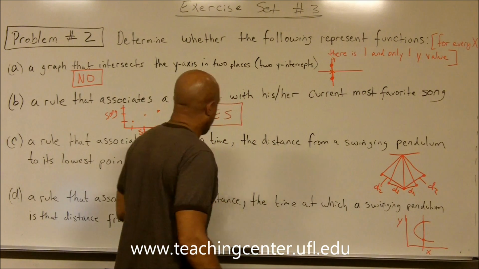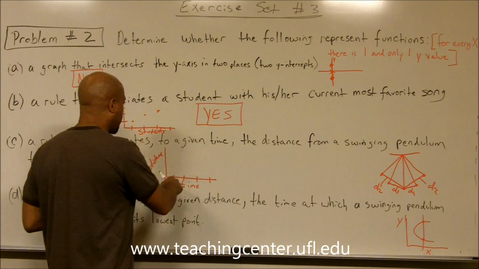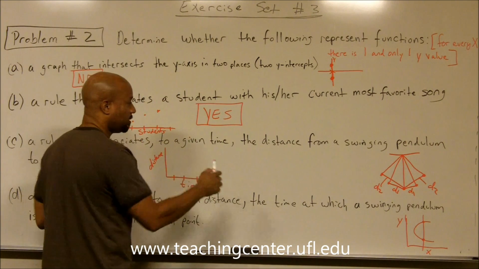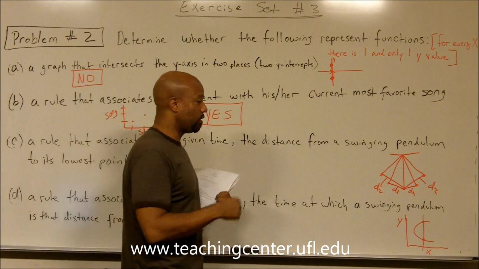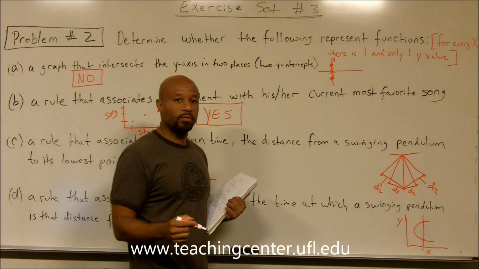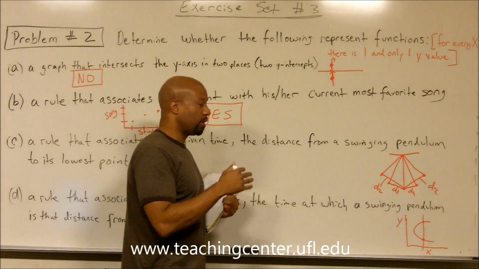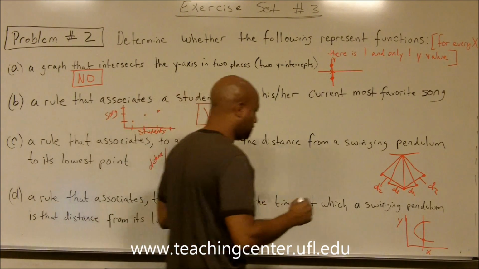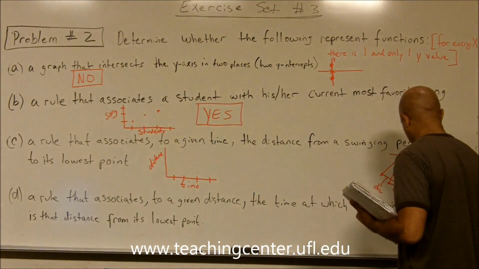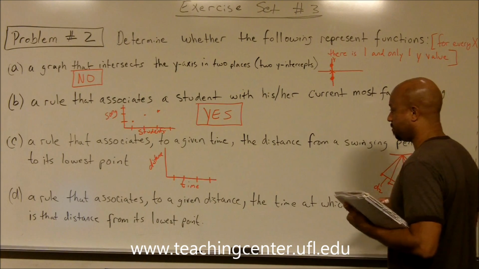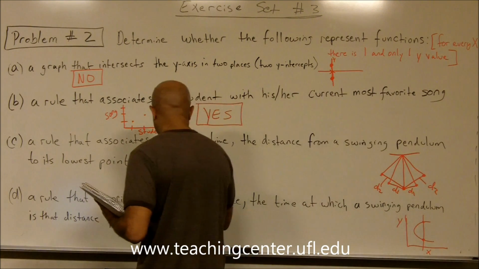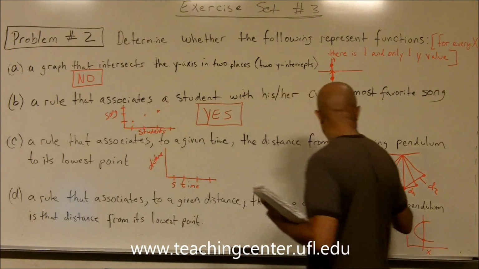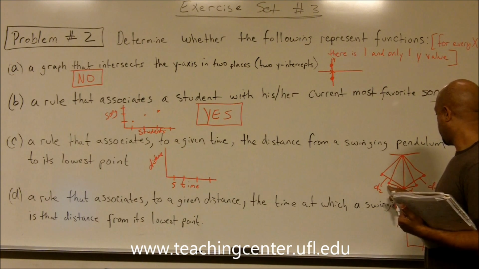And so at any time, the distance between where the pendulum is and the lowest point, it can only have one of those distances. Let's say at time 5 seconds, it's here.